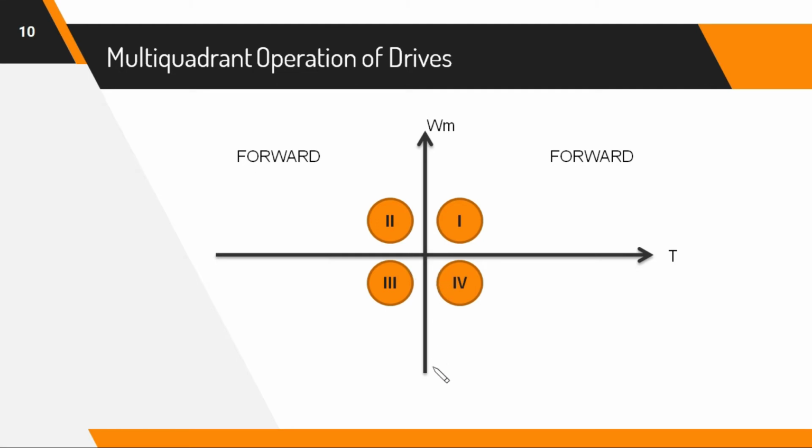If the lift is going downward, it is in the reverse direction. Have you understood why it is forward and reverse? Because by sign convention the positive y-axis is forward direction movement, and if the lift is going downward, on the negative y-axis, reverse direction will be there.